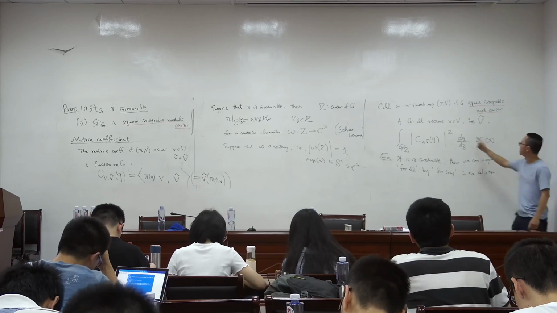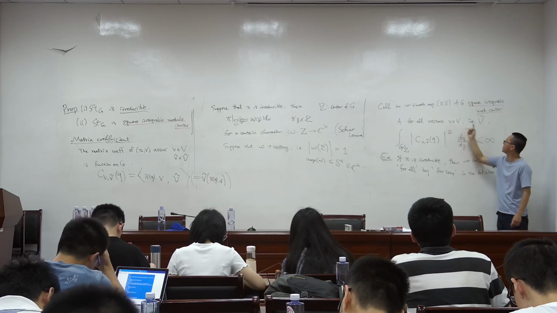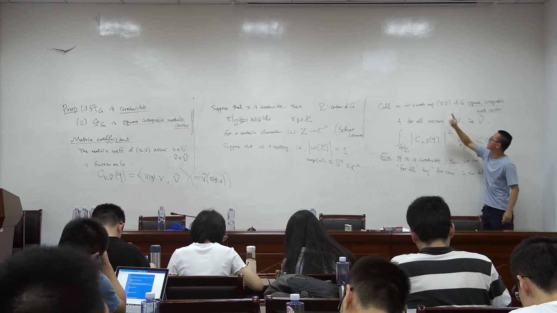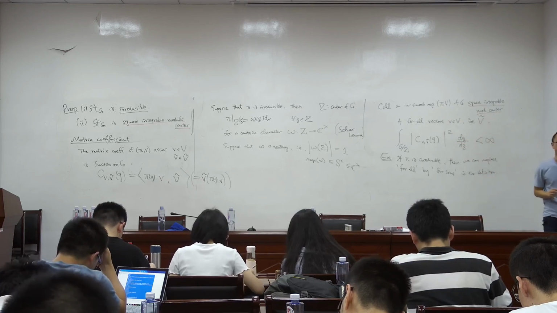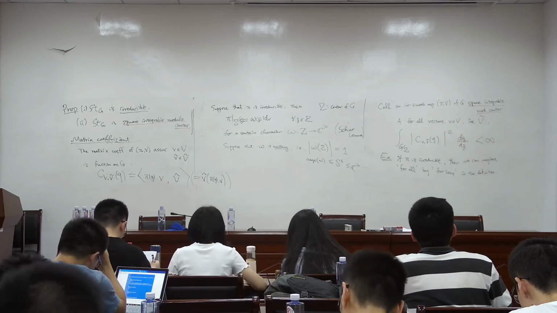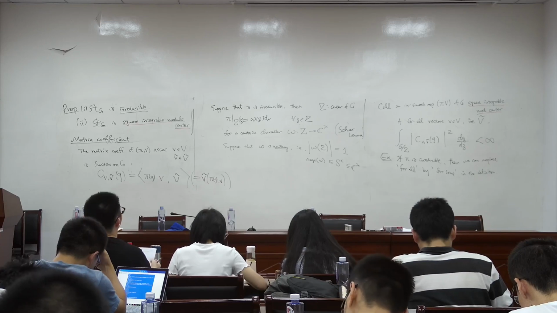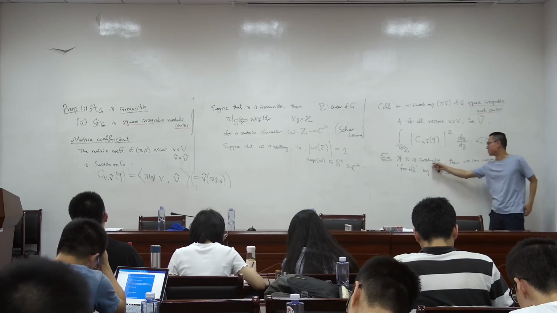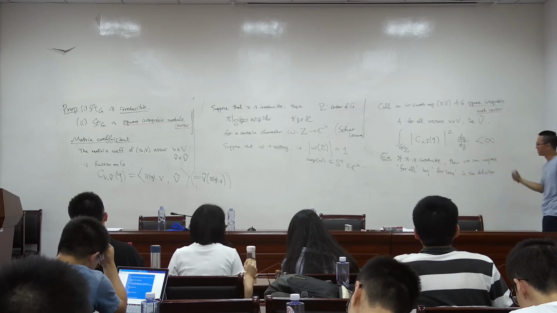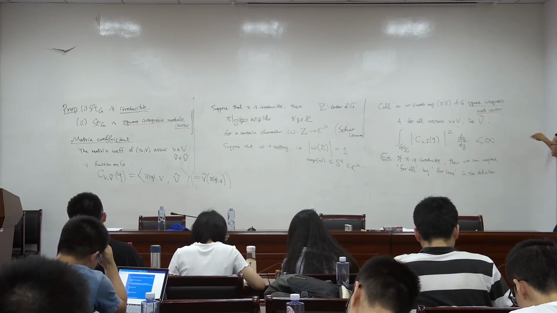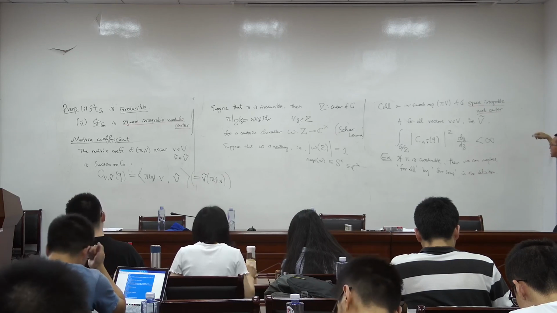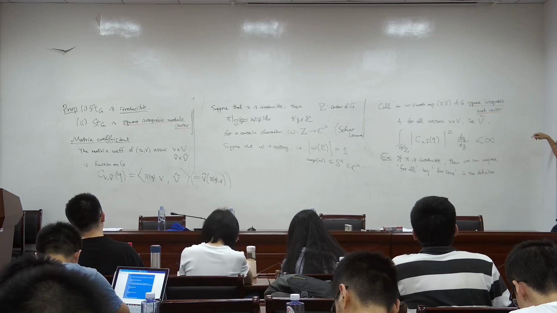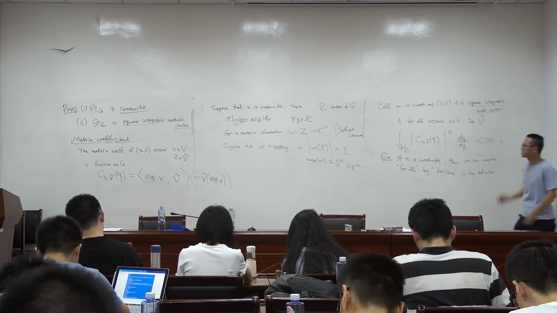Checking just one pair of vectors v and v tilde is enough to claim that this representation is square integrable mod center. Again, this uses irreducibility and is a standard exercise in representation theory. So this is the definition.